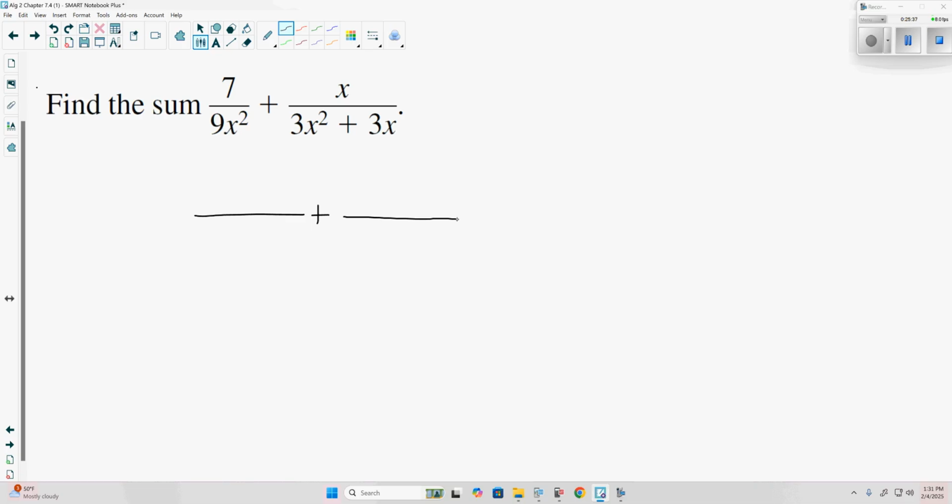All right, guys. So before we can start adding these two together, we need the denominators to be the same. Now, to be able to figure out what's going to make the denominators be the same, or the first expression that's going to make them be the same, we're going to need to factor them. Now, the numerators, even if they are factorable, we're going to leave them alone.